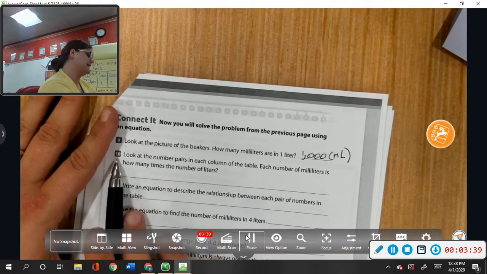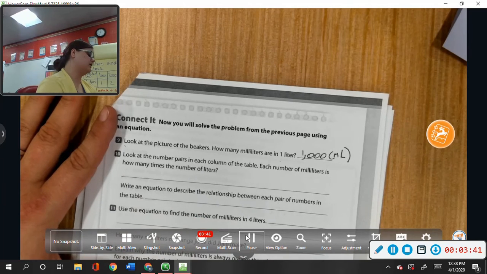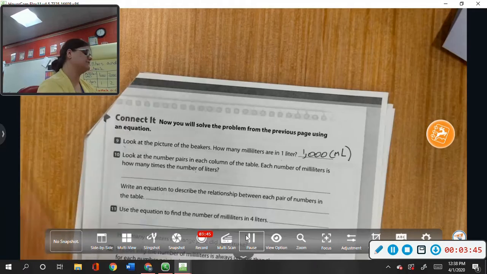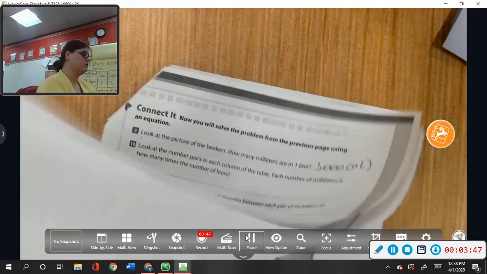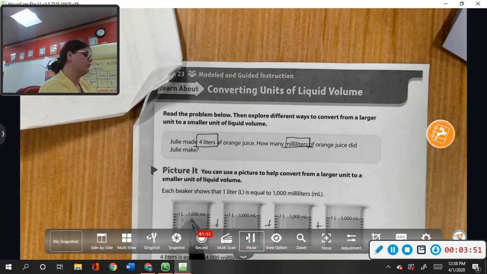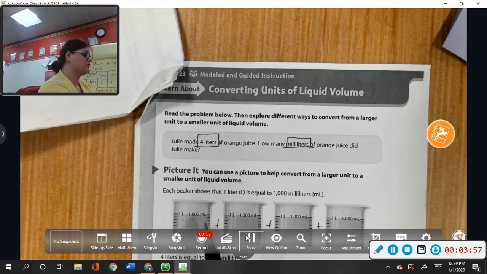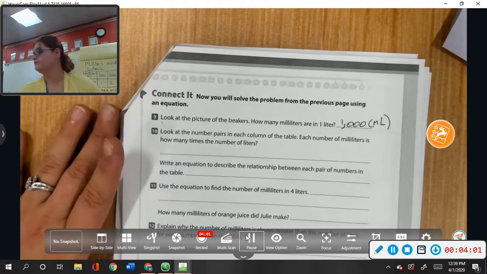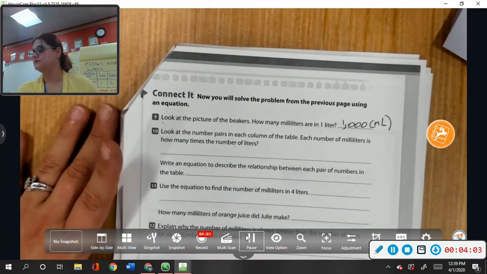Going back to number 10, look at the number pairs in each column of the table. Each number of milliliters is how many times the number of liters? Well, 1 liter is 1,000 milliliters, so milliliters are 1,000 times the number of liters.